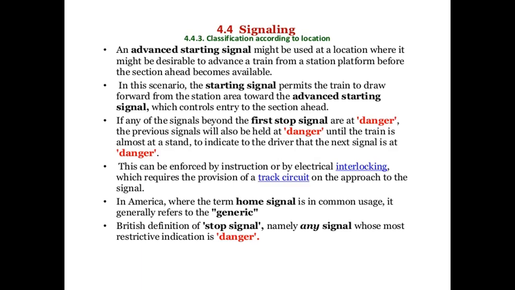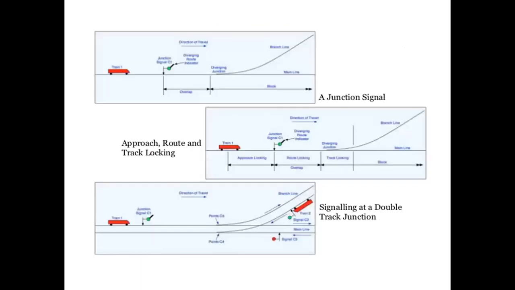In America, where the term hope signal is in common usage, it generally refers to the generic, and for the British definition of stop signal, namely any signal whose most restrictive indication is danger.